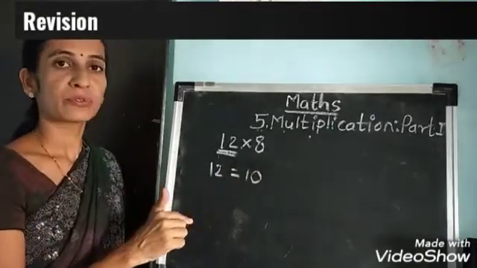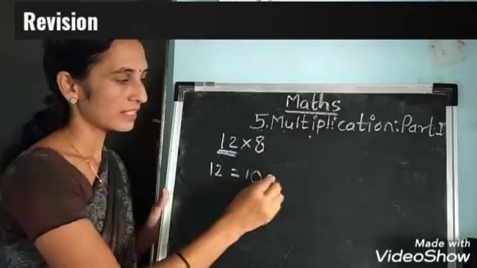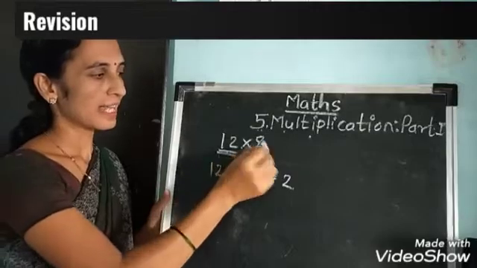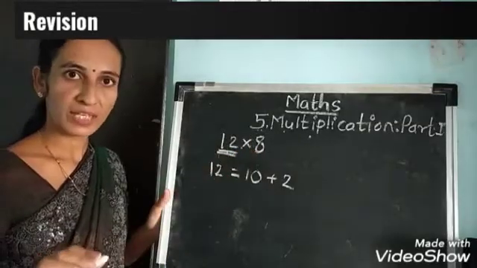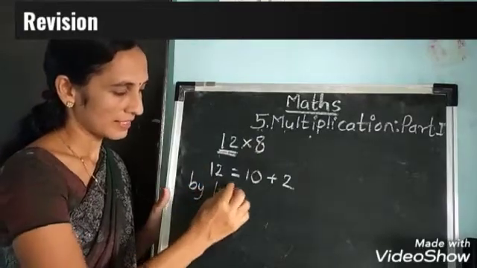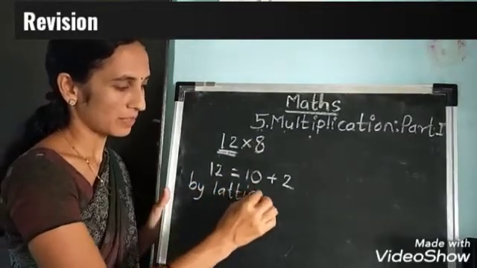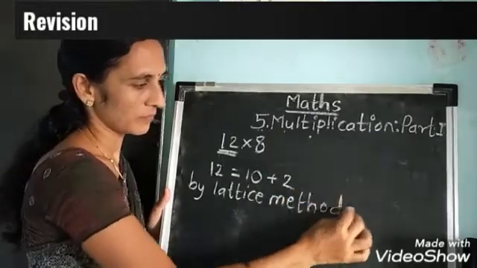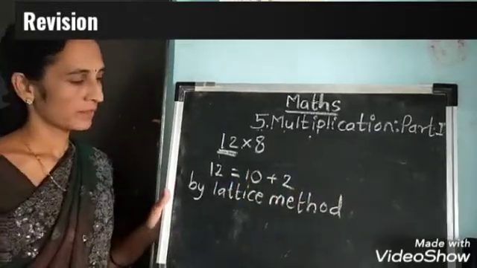Expanded form we write as addition, and here plus 2. 10 plus 2 is 12. And 8 is a single digit, so no need to write its expanded form. What is the lattice method? See, this we are going to use.